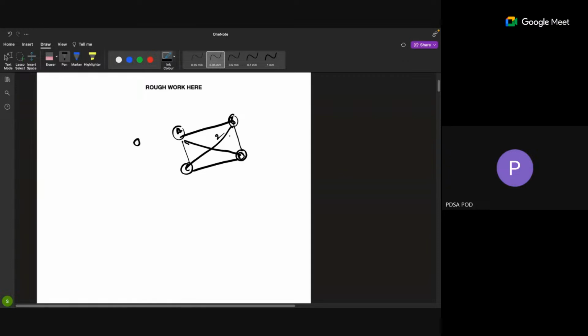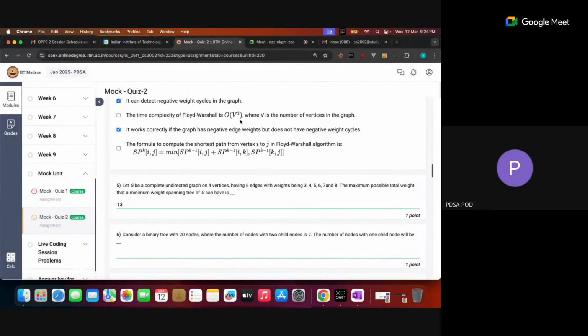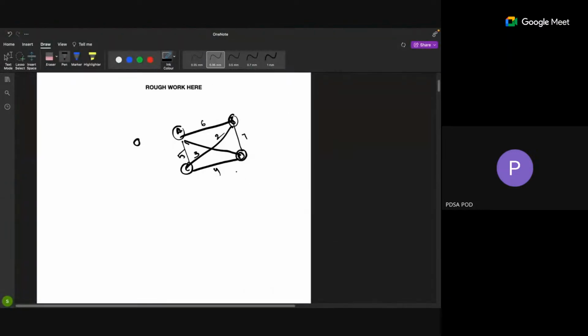Can you put 3 here? 4 here, 5 here, 6, 7, 8. Now my question is, to connect two vertices, how many edges are required?